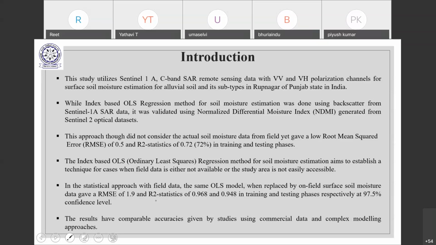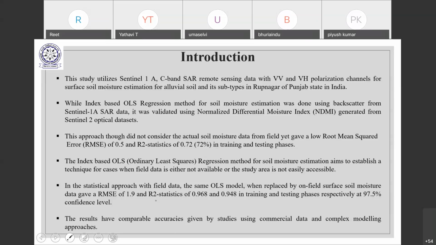The second method that we use is that we use the field data also, and the accuracy here increased from 0.72, that is 72%, to 0.96 in the training phase, and in testing 0.94. 94% accuracy was established using the field data.